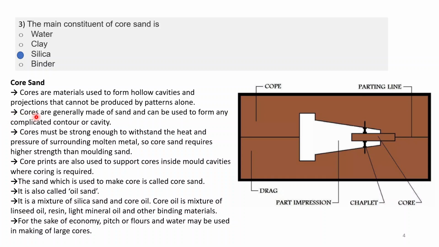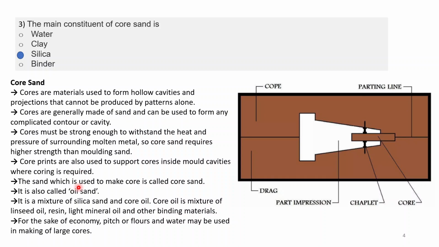Cores are generally made of sand and can be used to form any complicated contour or cavity. Cores must be strong enough to withstand the heat and pressure of surrounding molten metal, so core sand requires higher strength than molding sand. Core prints are also used to support cores inside mold cavities where coring is required.